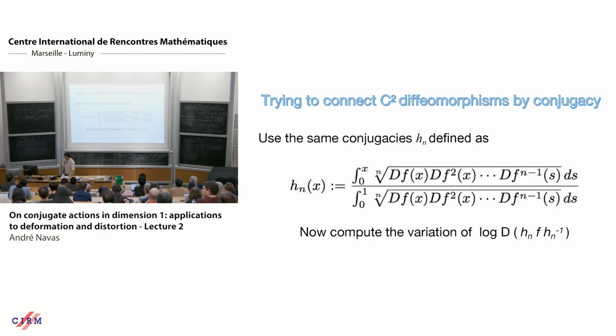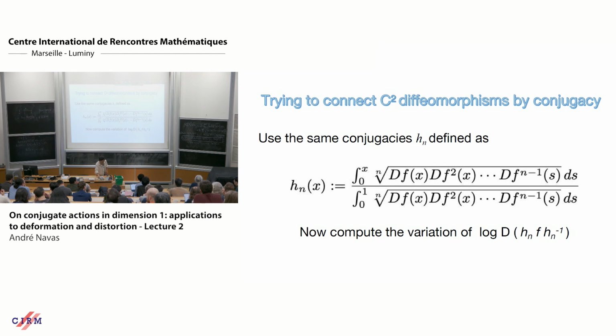and this one. This one. So this is an exact formula. So I can take the variation on both sides. So I will take the variation.